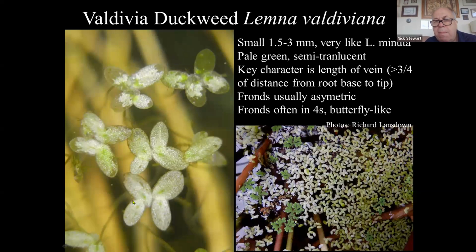One of the most typical things that helps to spot it is the way it buds. And very often you will get four fronds stuck together, looking a bit like a butterfly. You tend to have two larger ones and two smaller ones paired like that. Very typical form to it.